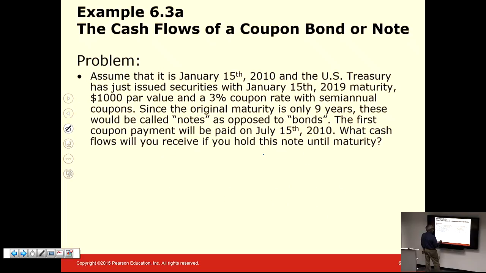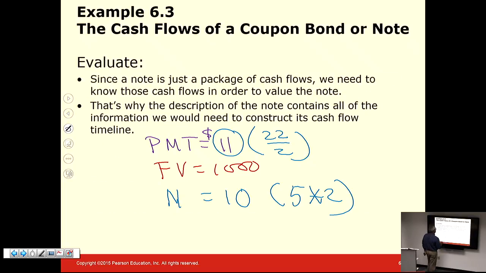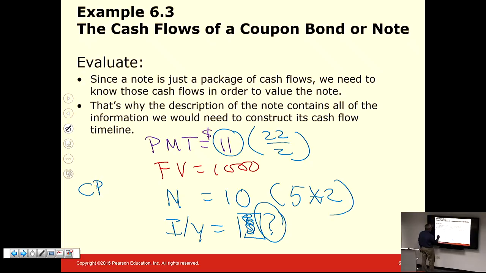We need to know the prevailing interest rate, I/Y. If I can find that out, it's a question mark right now, then I should be able to compute my present value, which will give me the bond price.